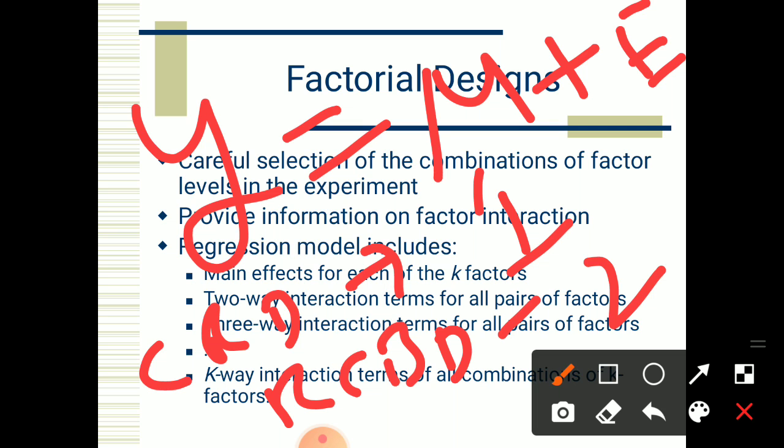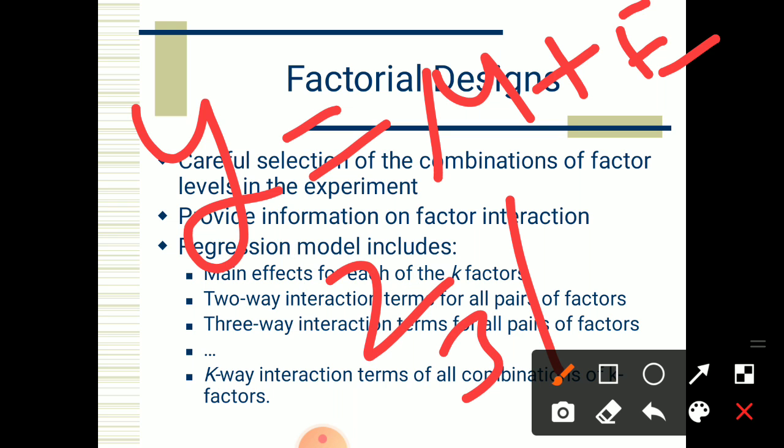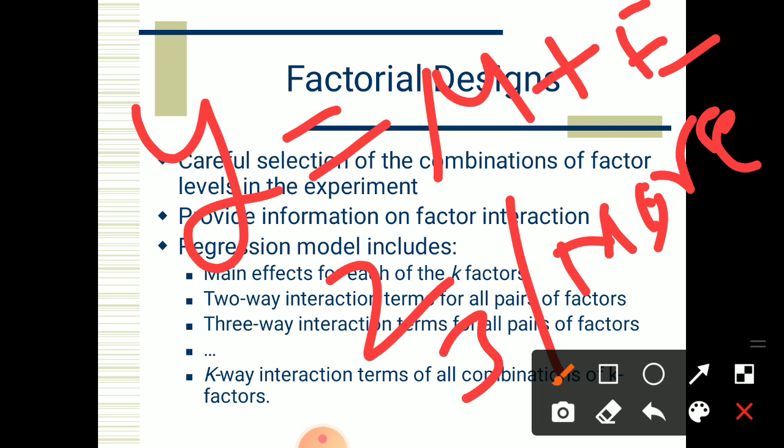So when we come to the factorial designs, we will have, in addition to mu plus error, where mu is nothing but the population mean, that is the influence of the population mean, along with that, error will always be there. Along with that, instead of 2, there will be more than 2: 3 or more known sources of variation in the statistical model.